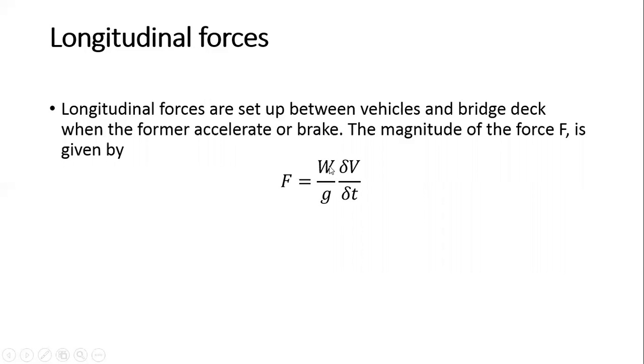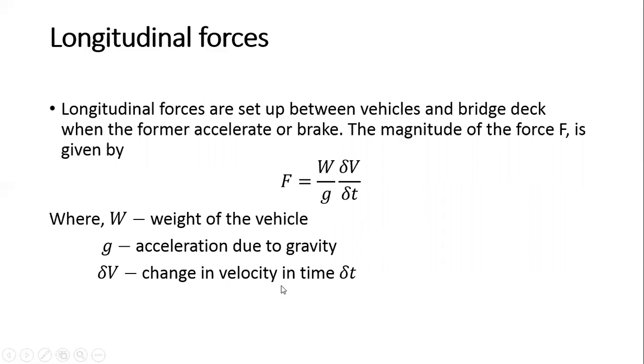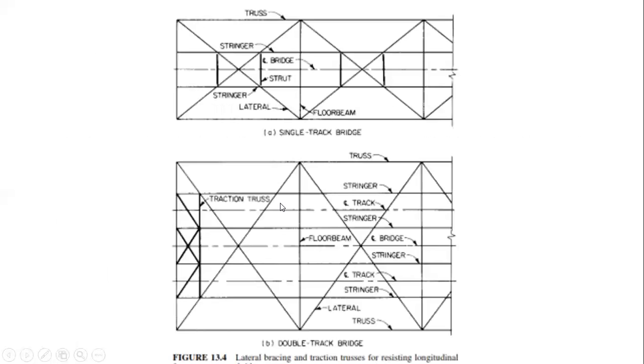W is the weight of the vehicle, g is acceleration due to gravity, and del V over del T is nothing but the change in velocity in time delta T. When it accelerates we have one del V over del T, and when it brakes we have a different del V over del T. With the help of this formula, we have to calculate the longitudinal force and duly incorporate it in the design.